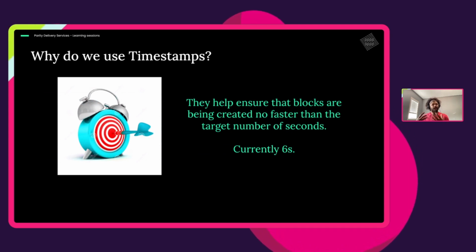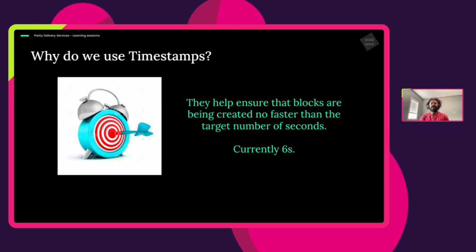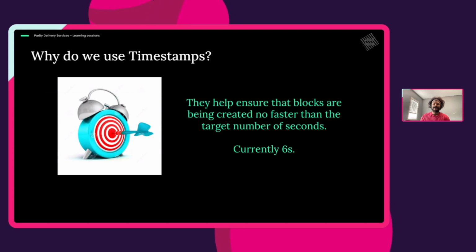Now we're getting to some of the more critical pieces here. Timestamps help to ensure that the blocks that are being created happen at least no faster than the target number of seconds. So this is the target block time that we have, and we're aiming for 6 seconds right now. And so if a validator were to come along and propose a block that happens less than 6 seconds from the last block, it's not going to be accepted.